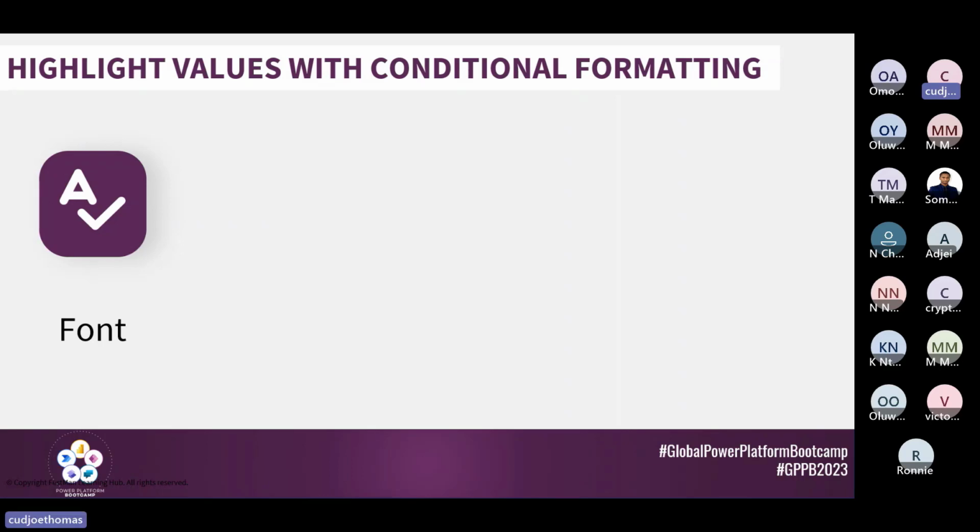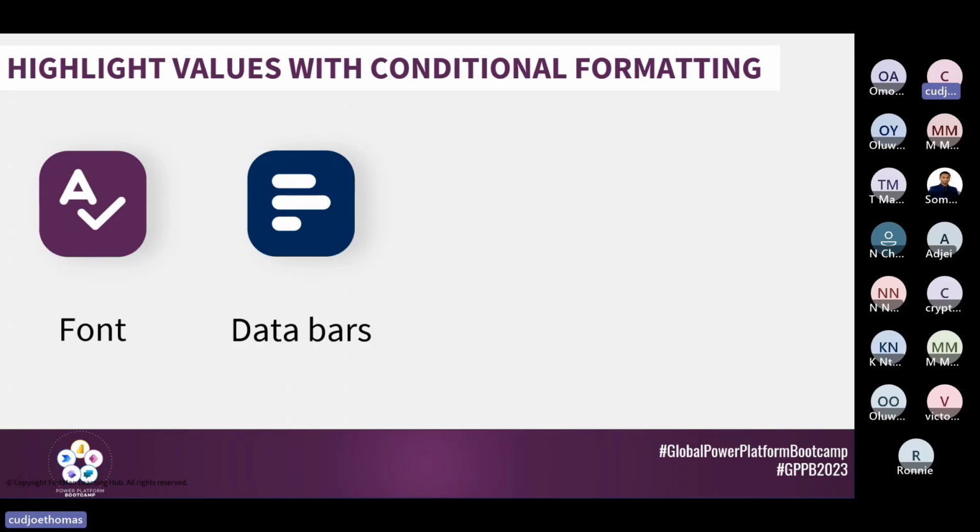That will make it easier for your audience to really understand what is going on and also spot trends and patterns within your data or the visuals. With conditional formatting, we can apply it to the font. We can also apply data bars to highlight these values. And you can also use icon sets, which also helps you to bring your data to life.